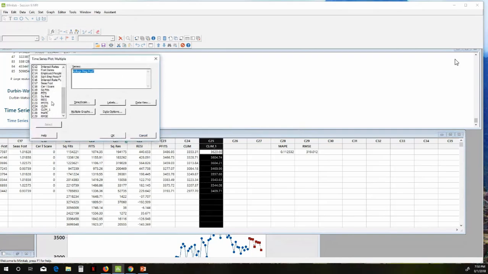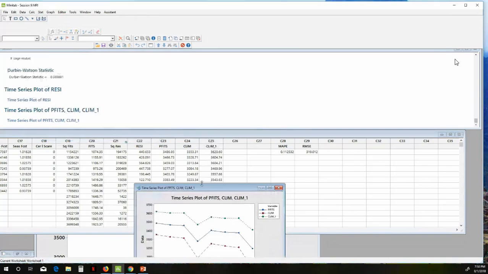Let's plot the p-fits forecast with the lower limit and the upper limit. Okay, does everybody see that? I'm just choosing C23, the forecast values of p-fits, and the limits, the lower limit and the upper limit. And select OK.